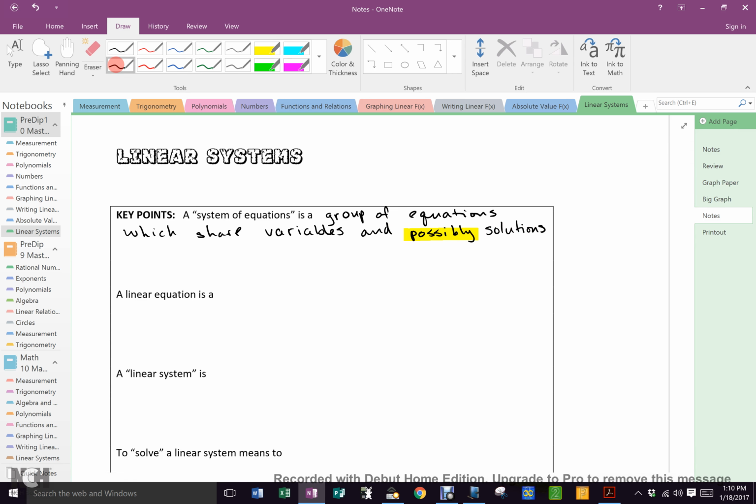Possibly solutions. Either graphically or algebraically.